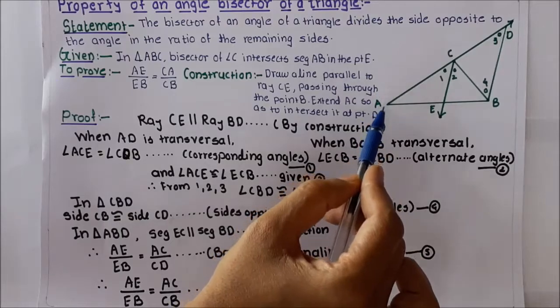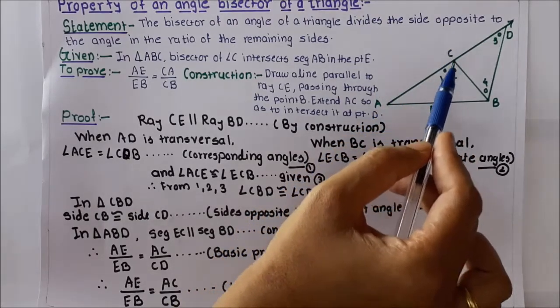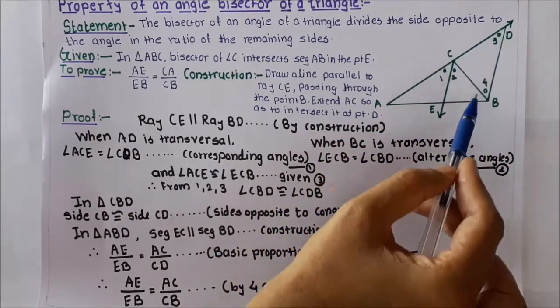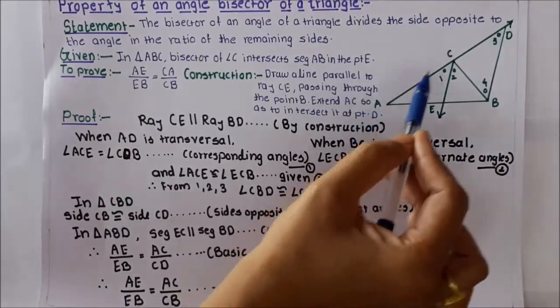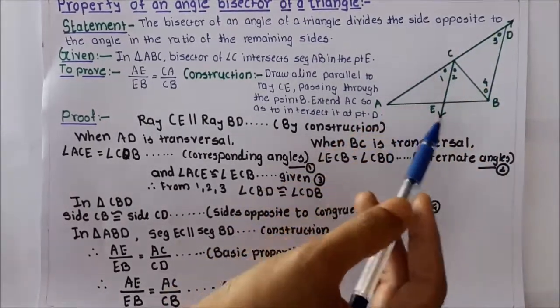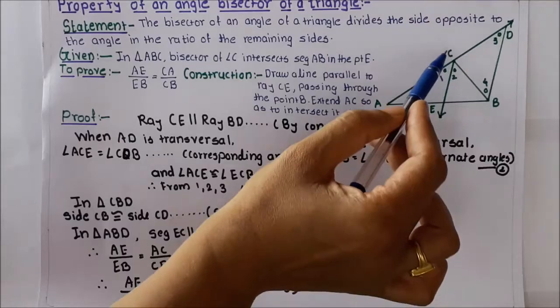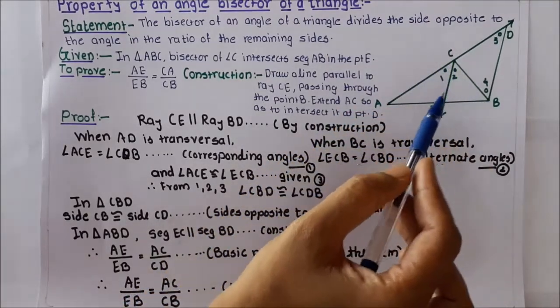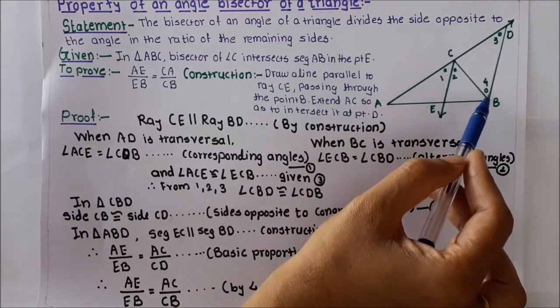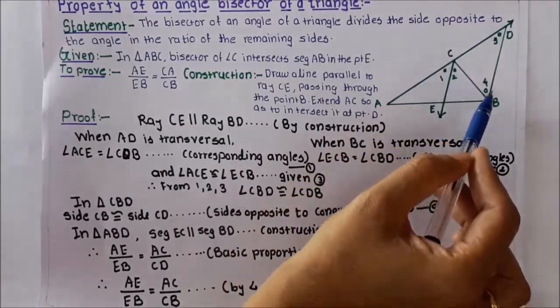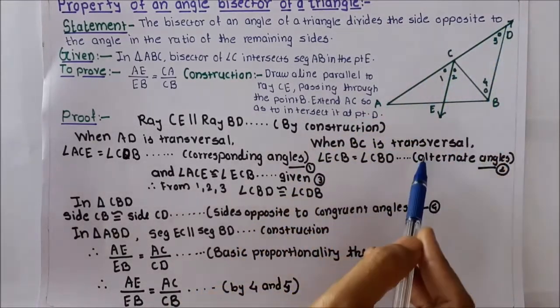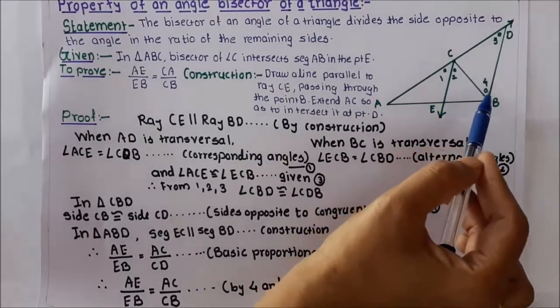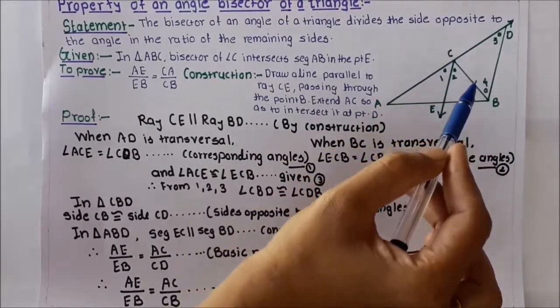Once again I will repeat, ACE is equal to CDB. These are corresponding angles because of this transversal AD. Now we will consider this BC as a transversal. When BC is a transversal, angle ECB is equal to angle CBD. Also you can tell me the reason that these are alternate angles for this transversal BC.